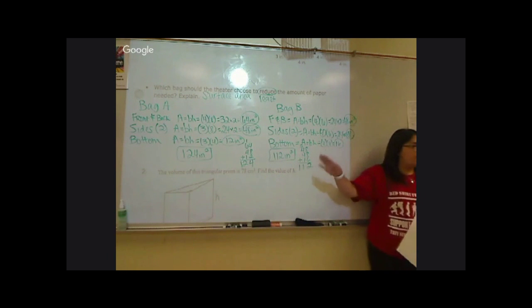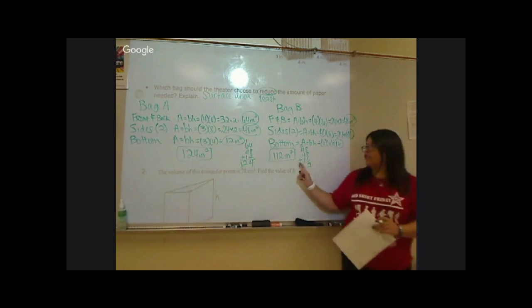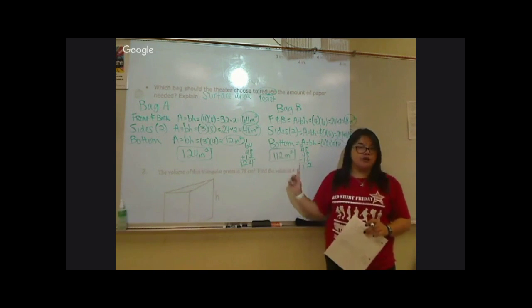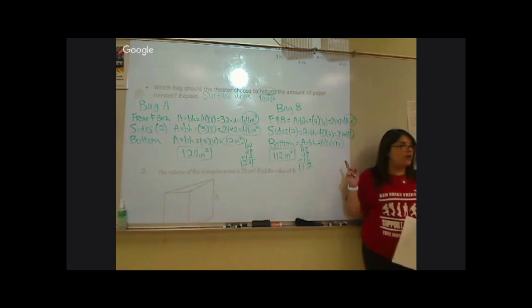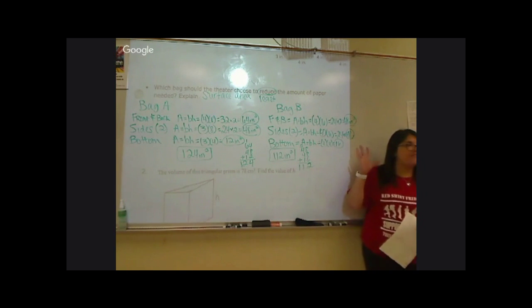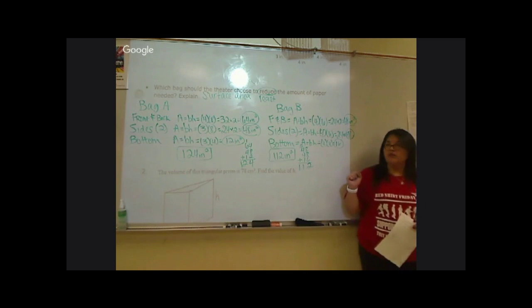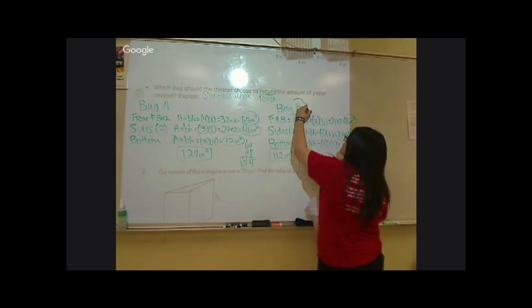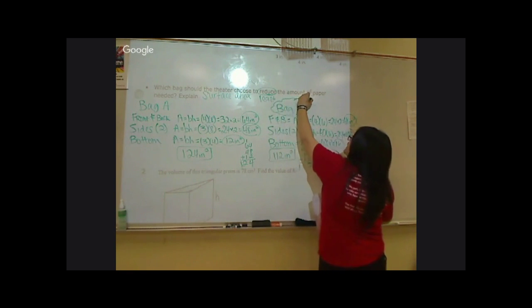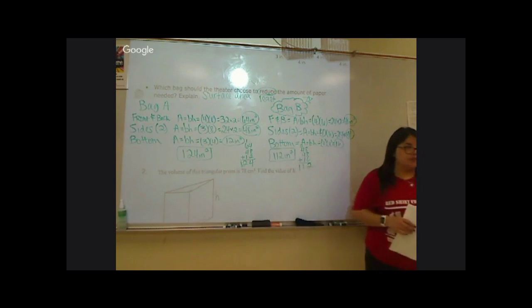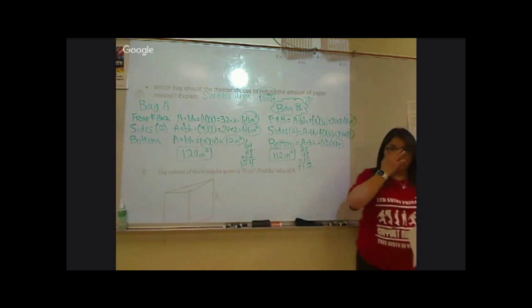So now that we know how many square inches of paper it took to make both bags, which one would we want the movie theater to use so that they have less trash? Bag B. That's the one that we want them to use. Okay?